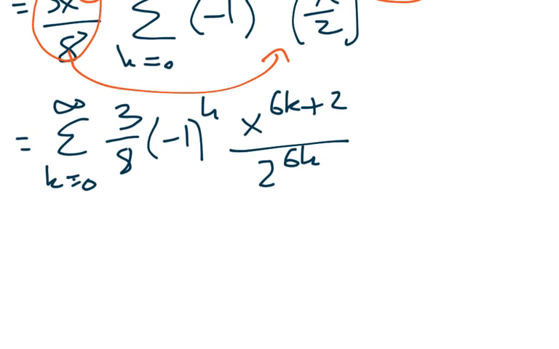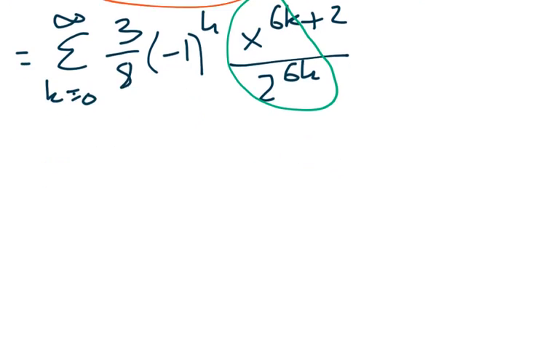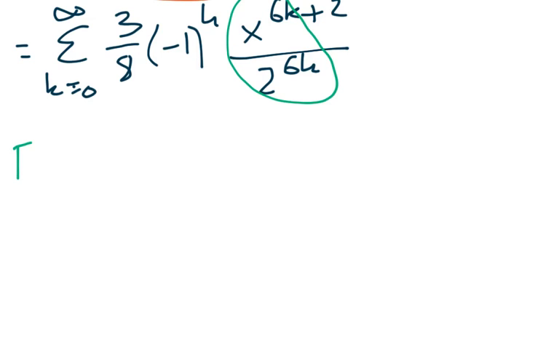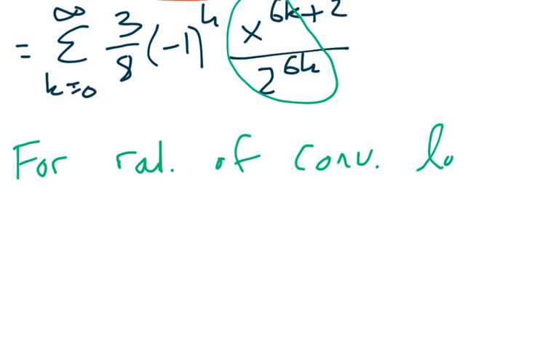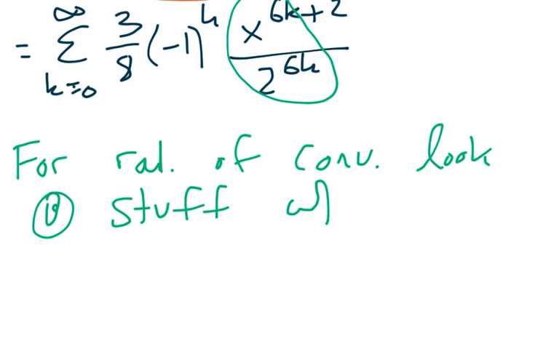Okay, so for the radius of convergence, you always look at the stuff with the k powers, because the other stuff doesn't matter.